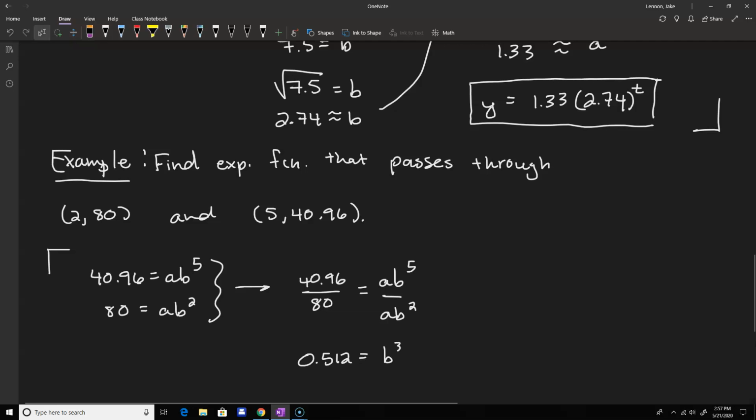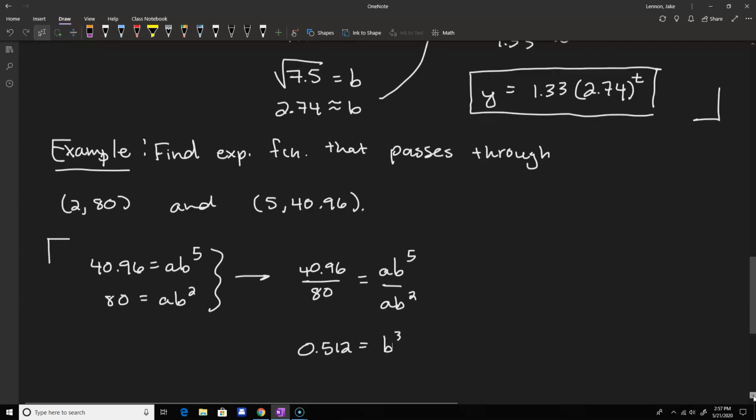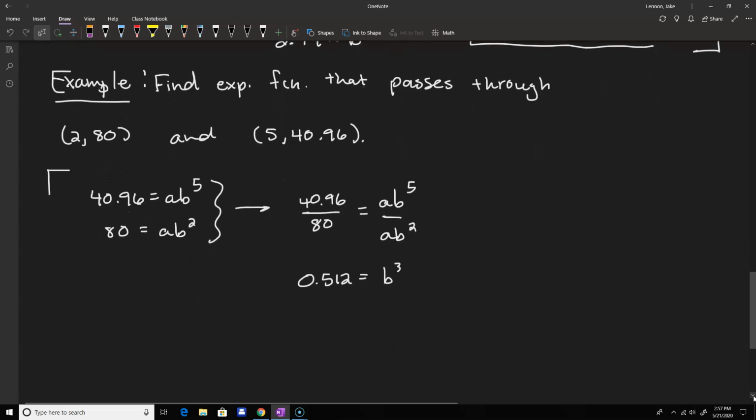So now remember, to undo b to the 3rd power, you're going to either have to take the cube root, or raise both sides to the 1/3 power. Some calculators don't have a cube root button, so you may just want to do as follows. 0.512 to the 1/3 will equal b to the 3rd to the 1/3. So then we end up with b having a value of 0.8.